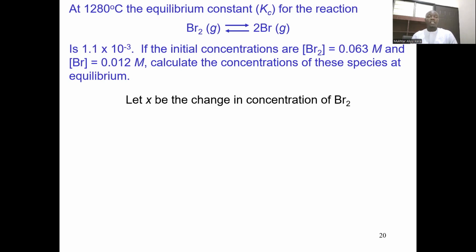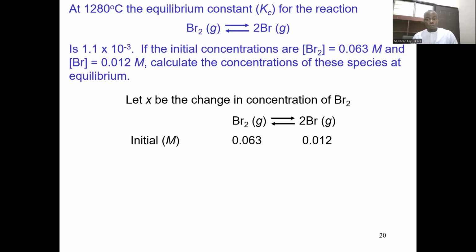First, let x be the change in concentration of the bromine molecule. The initial concentration of bromine is given as 0.063.